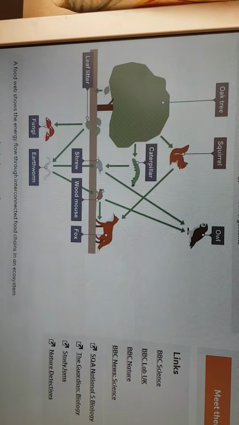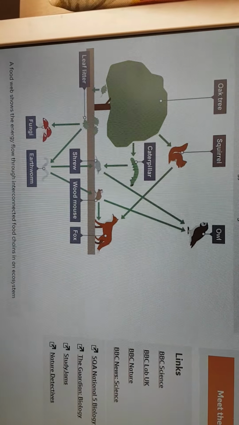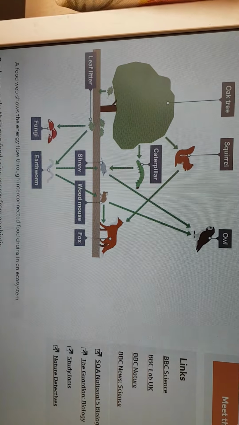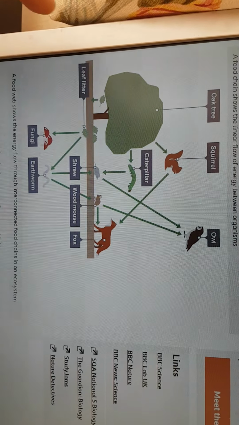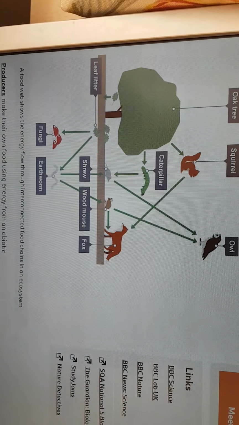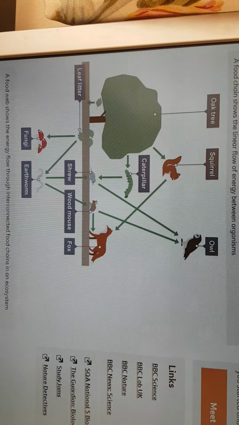All together, the living organisms and the abiotic components make up the ecosystem. Now within the ecosystem, you've got the community, which basically just means all the living organisms, and then you've got the abiotic components as well.